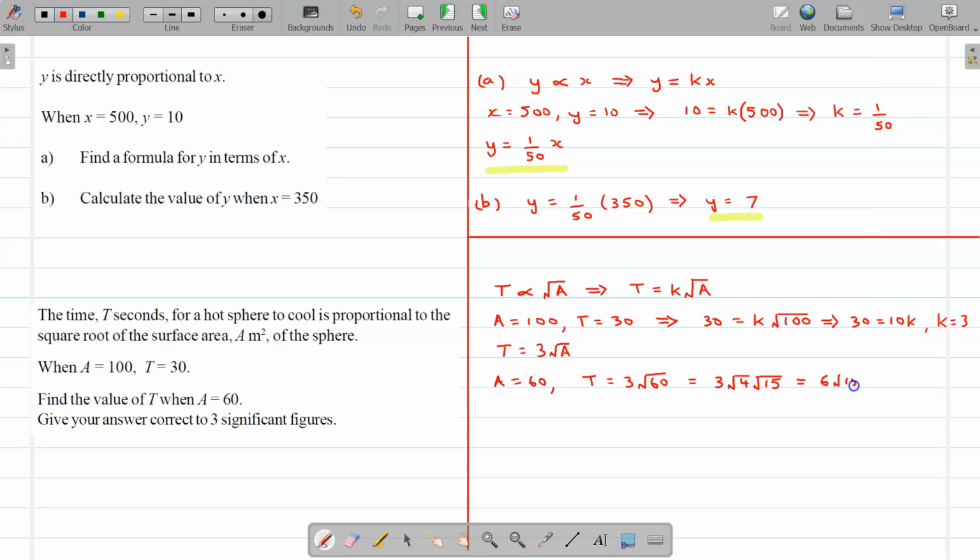Now, if the question was asking for an exact answer and it was a non-calculator paper, that's what you would give. However, it does ask us for the answer to 3 significant figures, so you can assume it was a calculator paper, and in fact that comes to 23.2 to 3 significant figures. Okay, and that's the answer to the question.